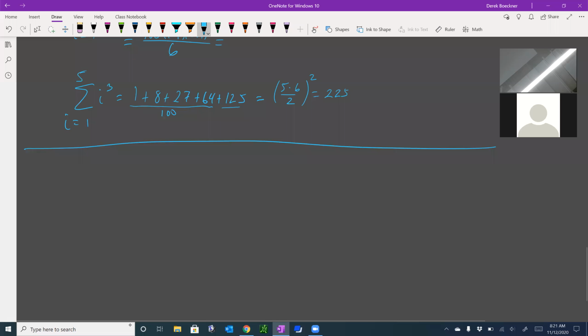Let's do some Riemann sums with limits now. Let's say I want to find the area under f of x equals x squared from, say, x equals 0 to x equals 1.